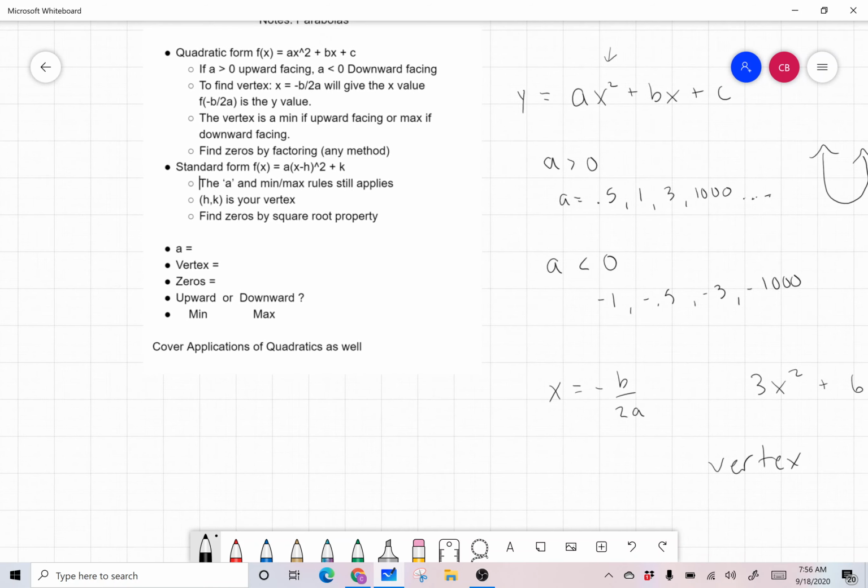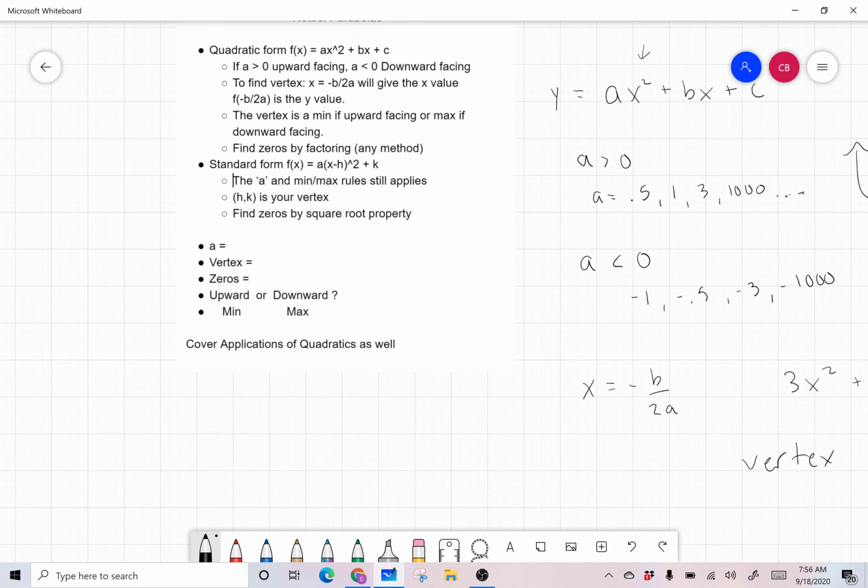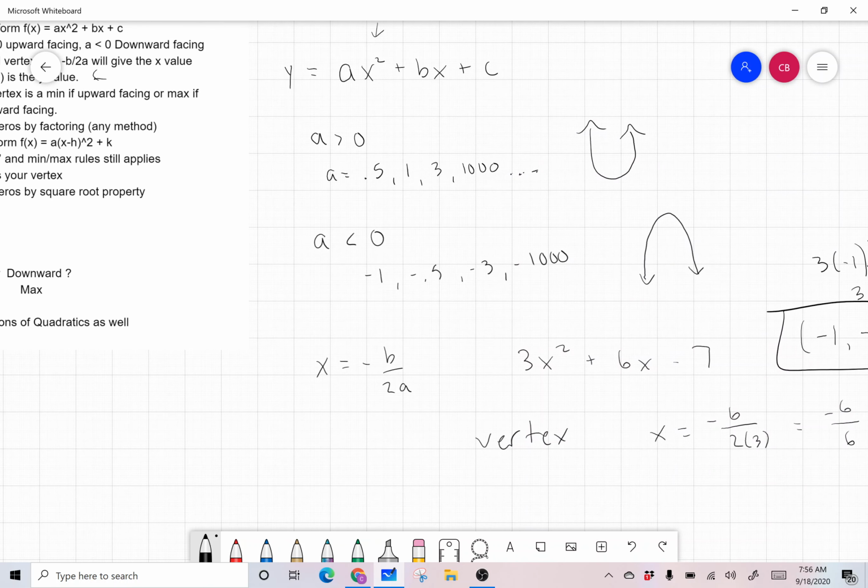Okay, next. So you see, that's what this says. f of -b/2a is exactly what I just did, because -b/2a was -1 in that case. The vertex is a min if upward facing and a max if downward facing. So if you notice, there is a minimum value. It's where the parabola reaches the very bottom. And there is a maximum value. It's where the parabola reaches the very top.